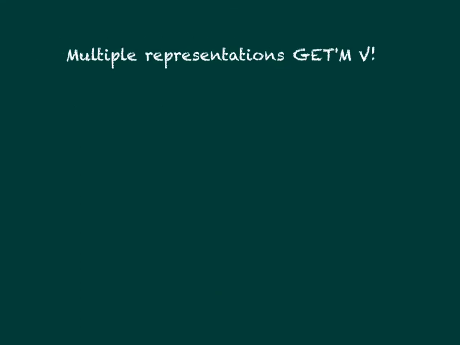So we come back. GETV is a little mnemonic I made up to help you remember the different representations. G stands for graph. Oops. My little stylus isn't working very well. Okay, graph. E stands for equation.